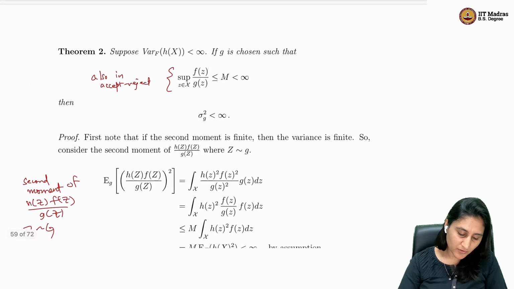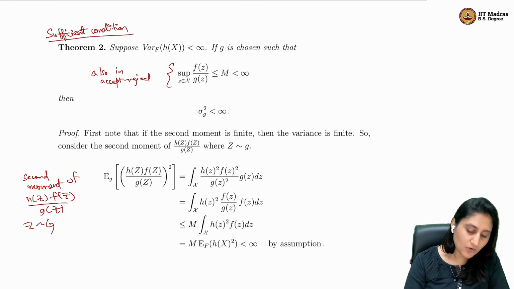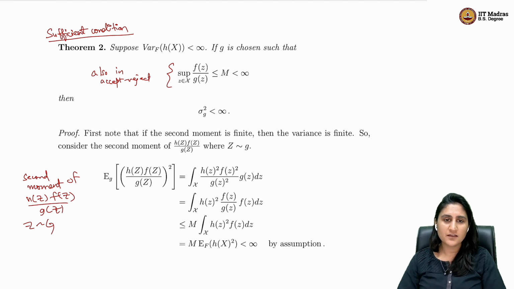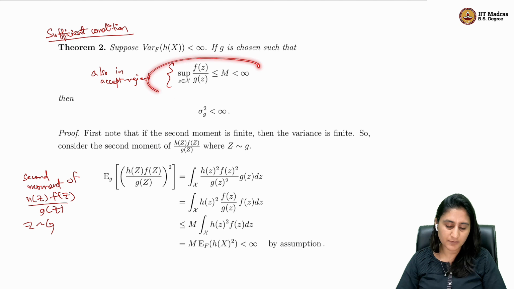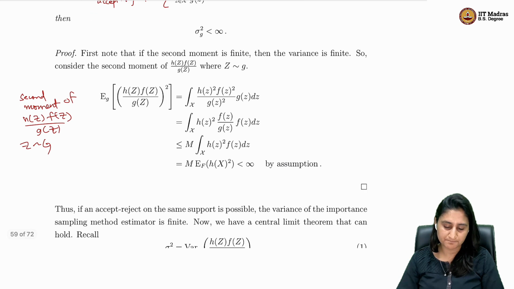Now, I wanted to highlight that this is a sufficient condition only. Which means that if this condition is not satisfied, it doesn't mean that the variance cannot be finite. It can still be finite, but this is certainly a sufficient condition.